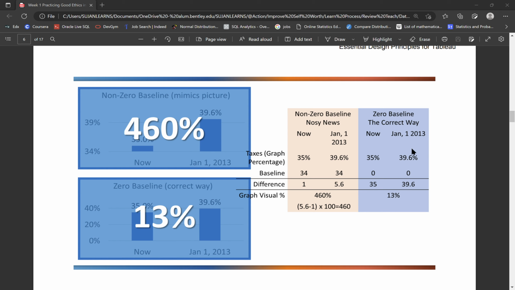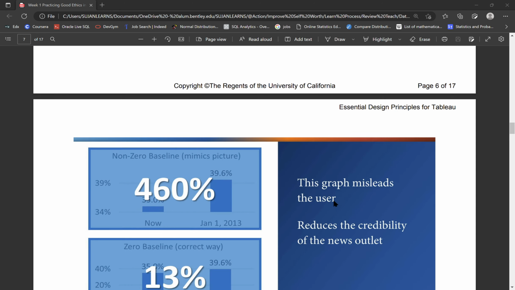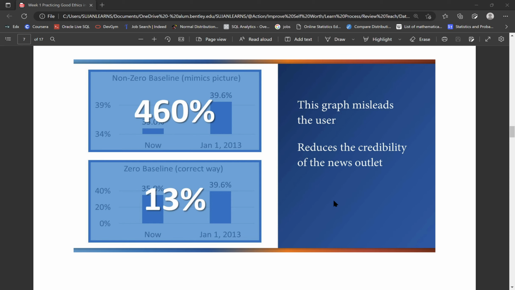We'll do the same thing for the zero baseline. When we do this, we'll see that there is a 13% increase. So even though the information presented is the same, because of the change in baseline, if you have a non-zero baseline, which is 34% in this case, the increase seems really big.